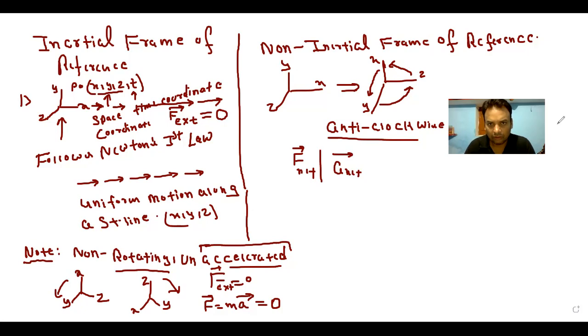What are the examples of inertial and non-inertial frames? Let me take one example of the inertial frame: our earth is an inertial frame.